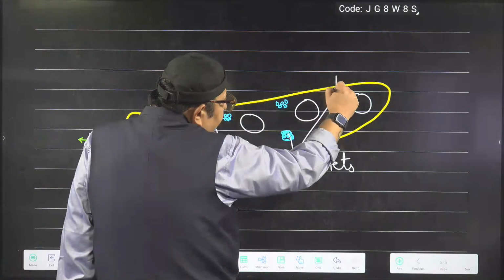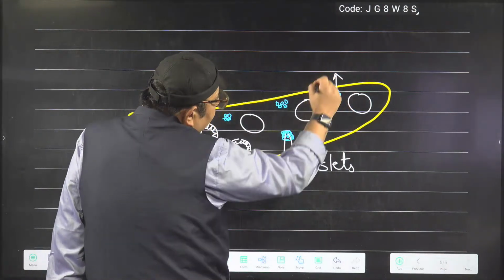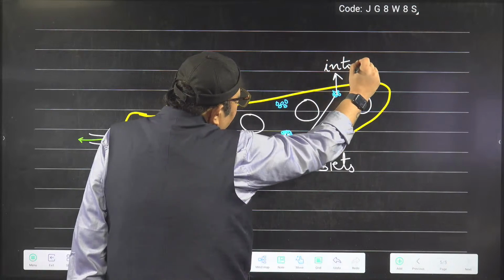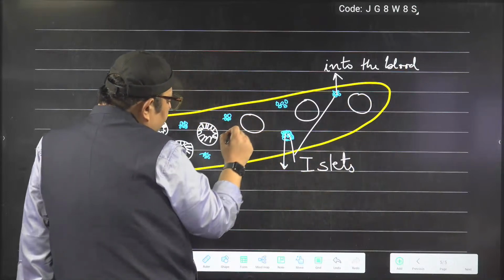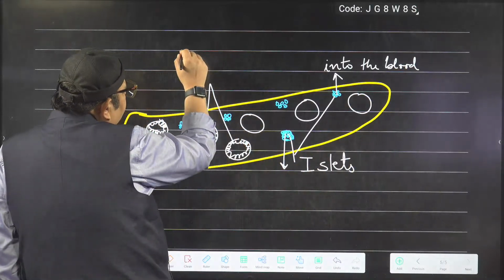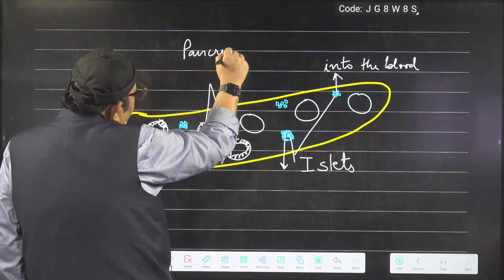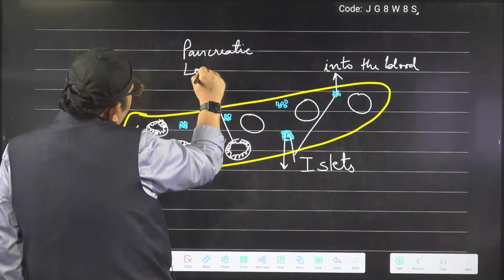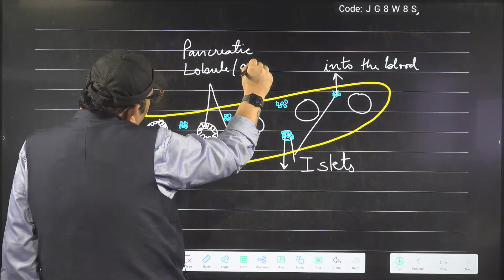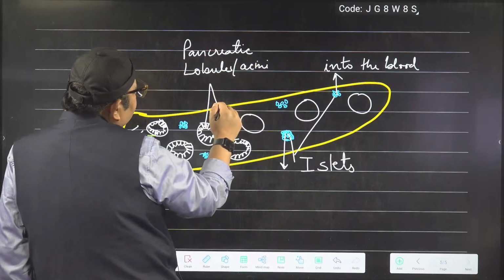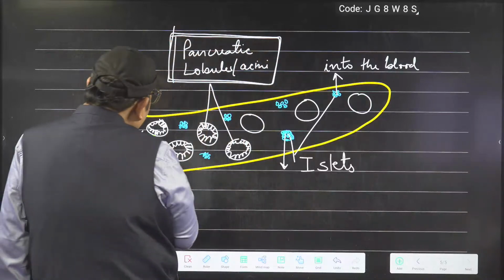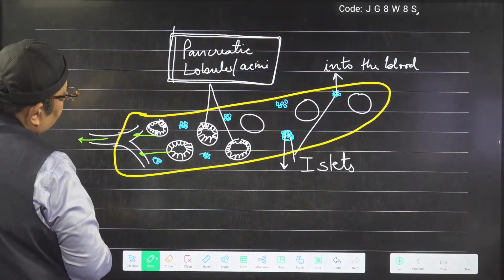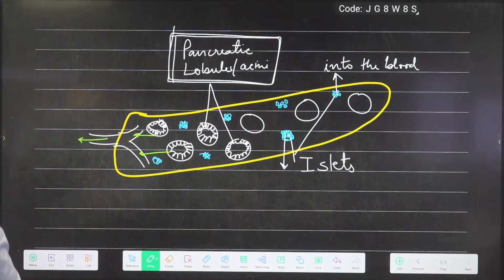And they are producing the secretion directly into the blood. These are called pancreatic lobules, or acini. Their secretion is coming through the duct, but the secretion of islets is released into the blood.